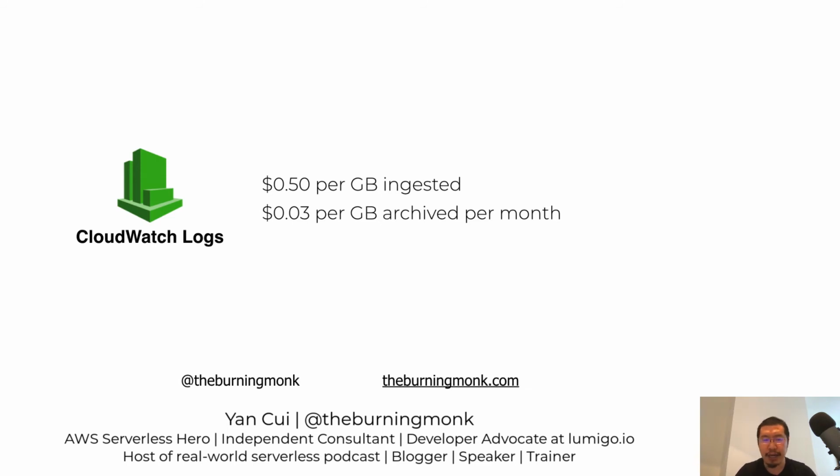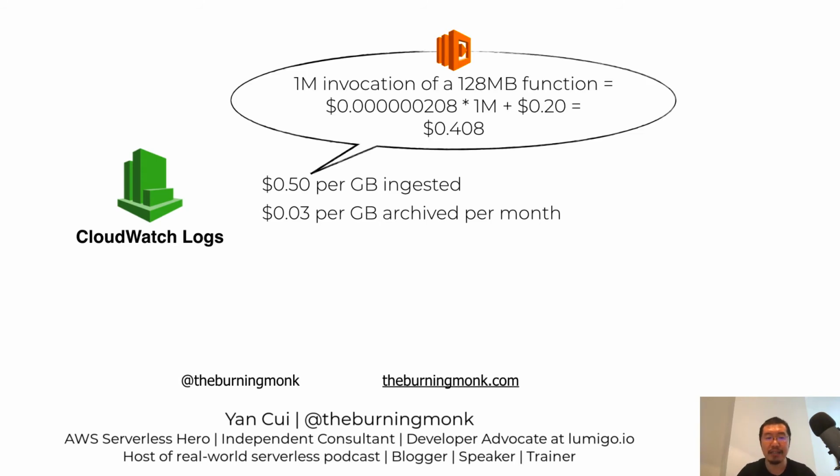generating lots of logs. While they may not seem like very much, 50 cents per gigabyte of data ingested and 3 cents per gigabyte of data storage per month, when you consider that for 50 cents, you can actually have a million invocations of a 128 meg Lambda function that runs for less than 100 milliseconds, comparatively that's actually quite expensive compared to the compute cost you have for Lambda.